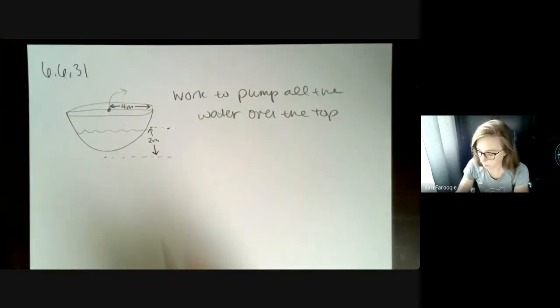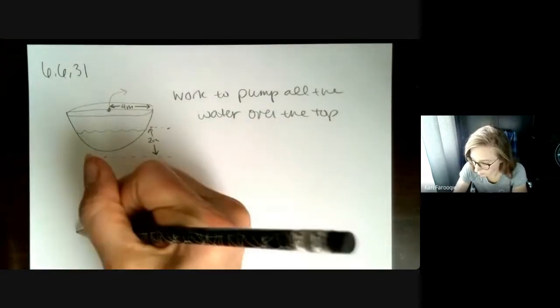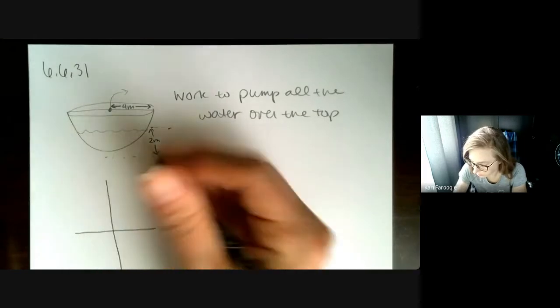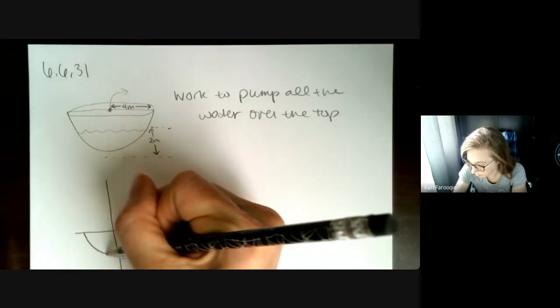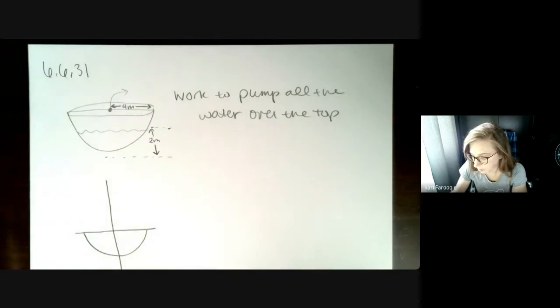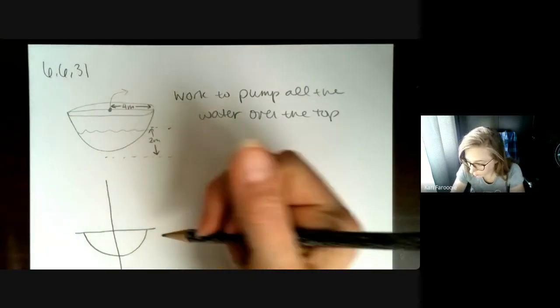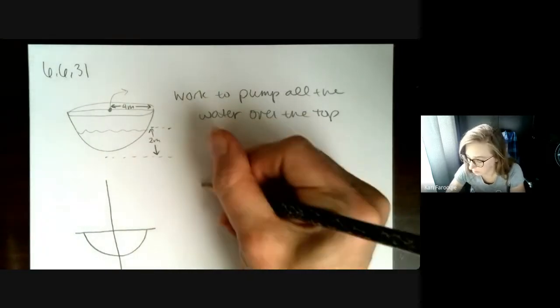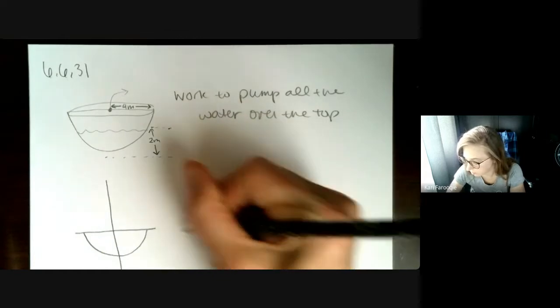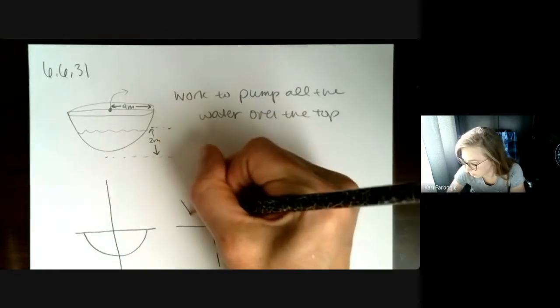You can, if you would like, orient this so that your tank is here, or you can orient it so that your tank is here.